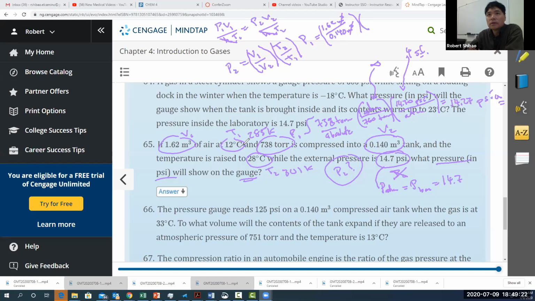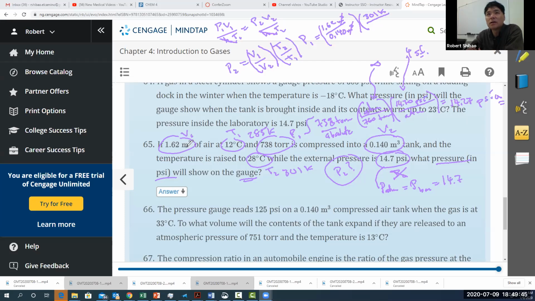Then let's see what's happening with the temperature fraction. T2, which we calculated here, is 301 Kelvin. Here we have to use Kelvin. For the volume fraction, we could use any volume, doesn't matter. But if we don't use Kelvin, then we have to use that other equation I had written on the slide yesterday.